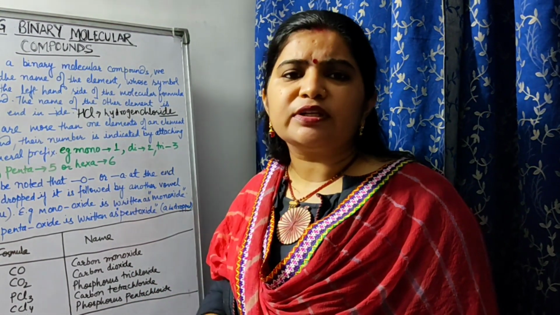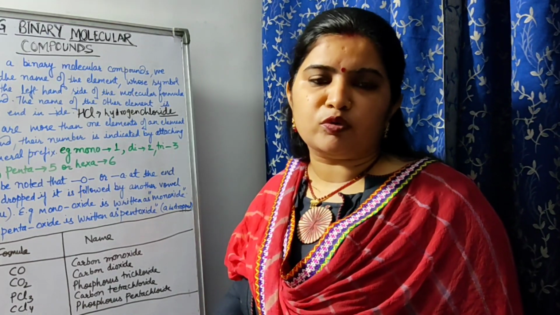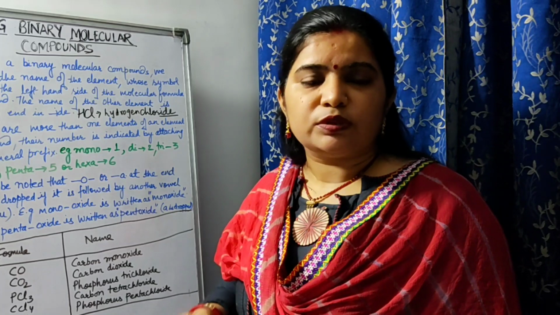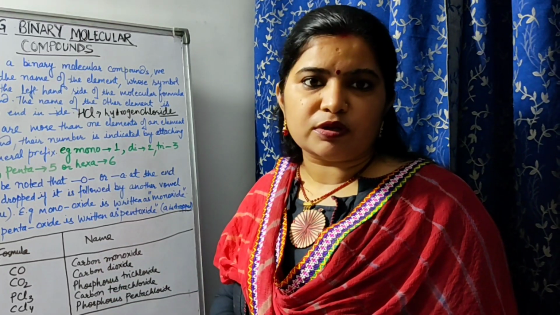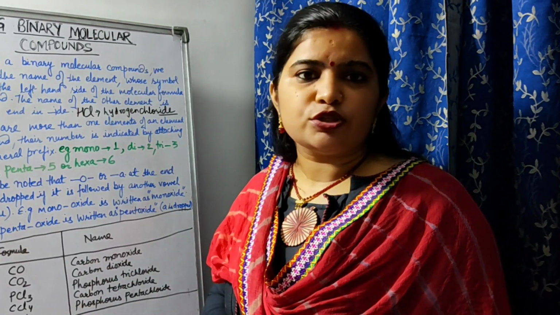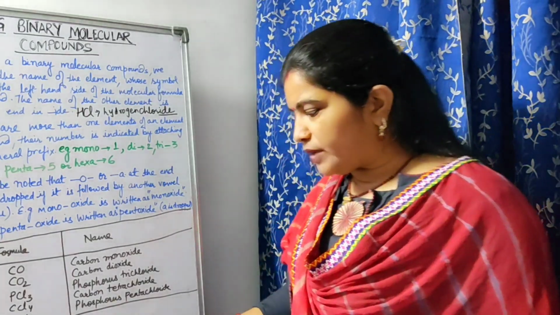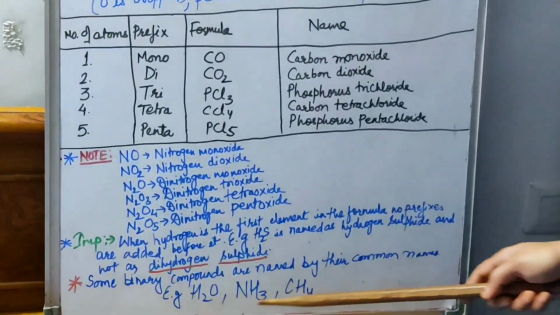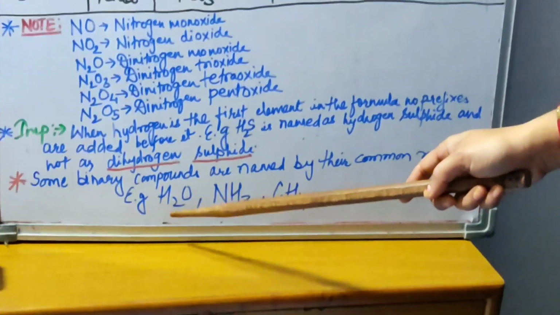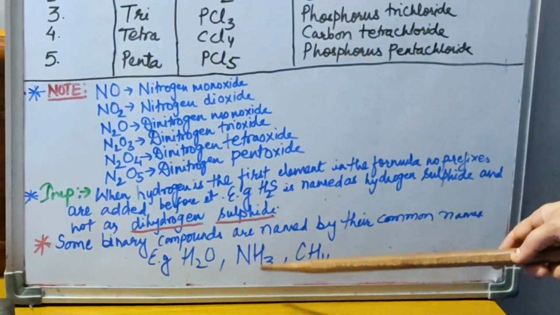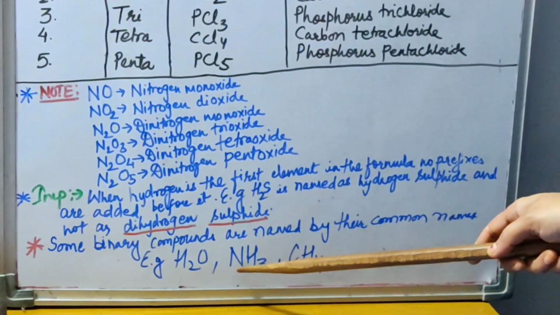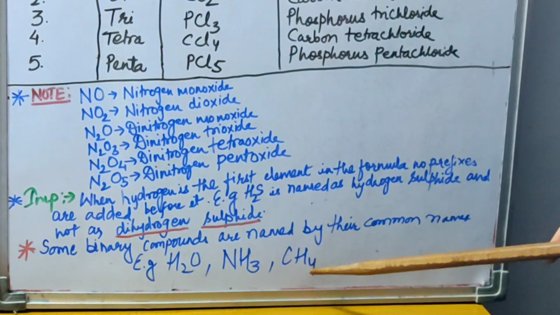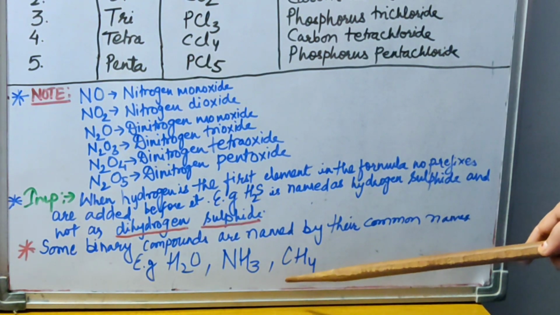Some binary compounds, children, are just named by their common names. This is also given in the description box. You can look into it and go through it. Some binary compounds I have written here are named by their common names. For example, water, that is H2O, and NH3, ammonia. You never write it as nitrogen trihydride, or carbon tetrahydride for methane.